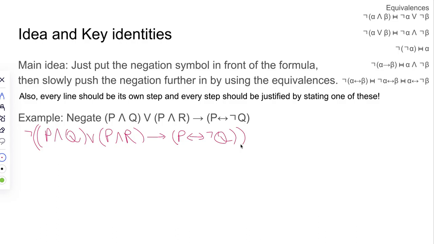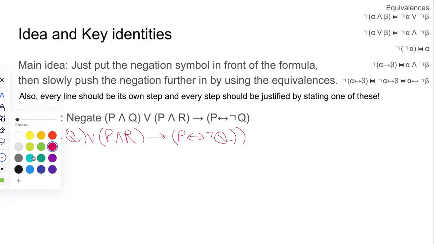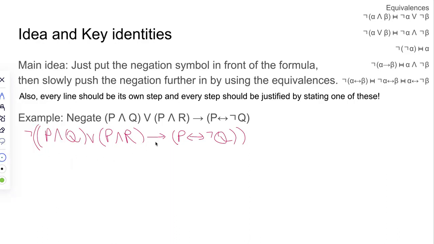So now what we want to do is use the equivalences here. When we look at this formula, we have this implication sign, this subformula, and we are negating it. So you can say this is kind of like your alpha, and this is like your beta, and we have negated it.